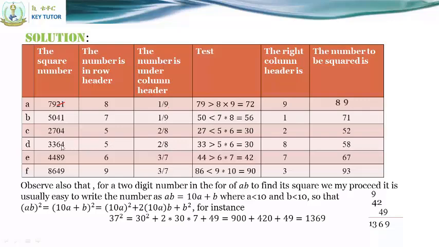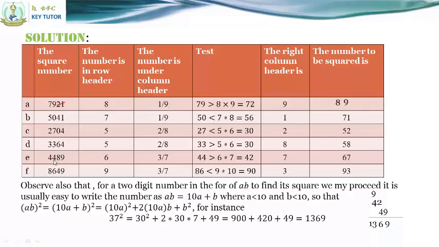By deleting 64 from here, take 33, compare it with 5 times 6, row header times row header plus 1. When you compare it, 33 is more than 30, meaning you take the larger number, which is 8. So 58 is to be squared to give us 3,364.